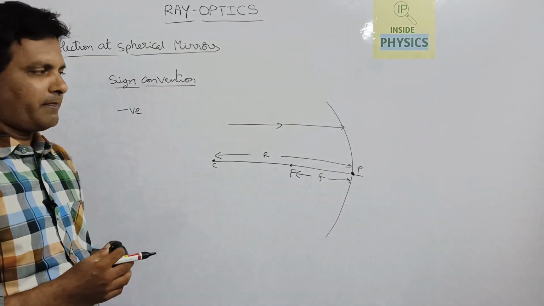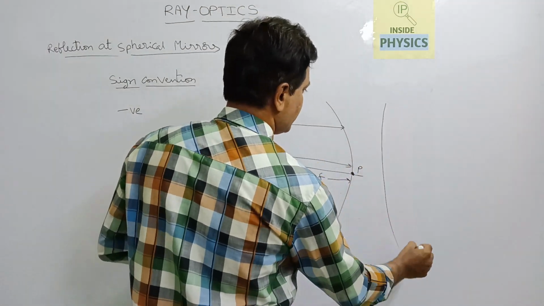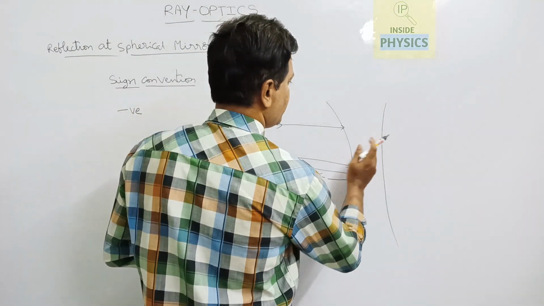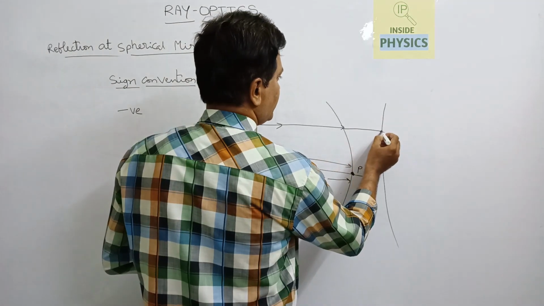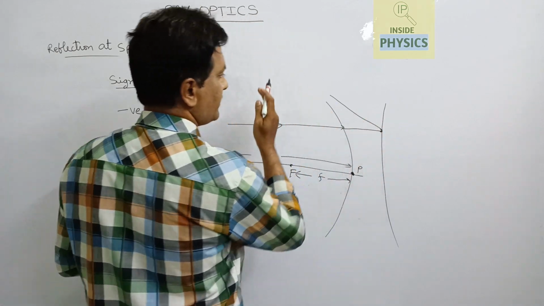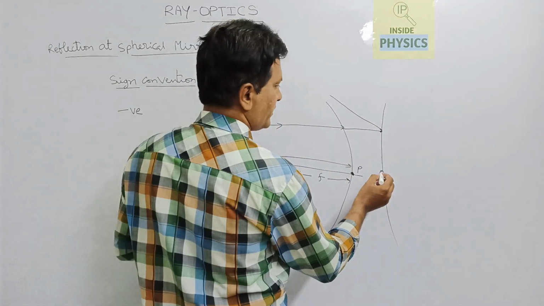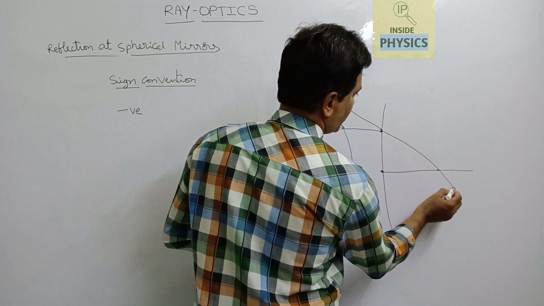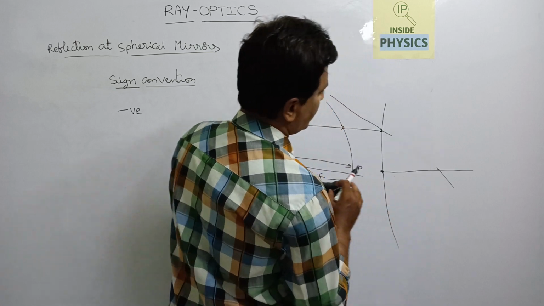So if it is a convex mirror, I am writing it besides this mirror, a convex mirror. This ray is incident on it and it will be reflecting back. So if this is the pole of the convex mirror, we can write the principal axis, and the ray is moving through the focus.